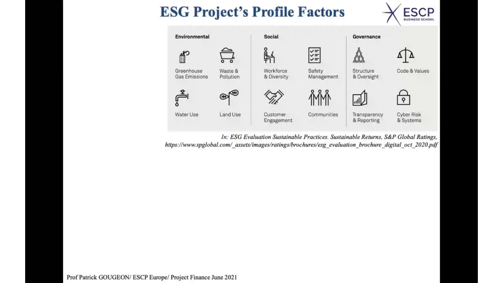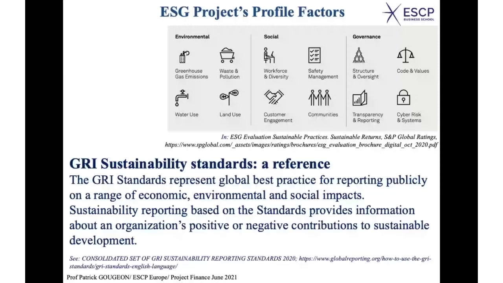But how can we assess all these things? I would say that it is not quite clear yet. But many efforts are being made to develop a methodology to assess all these dimensions. Among the major references that exist today, you have the so-called GRI sustainability standards, which are considered a global reference.